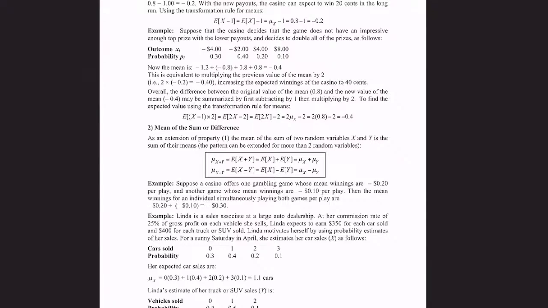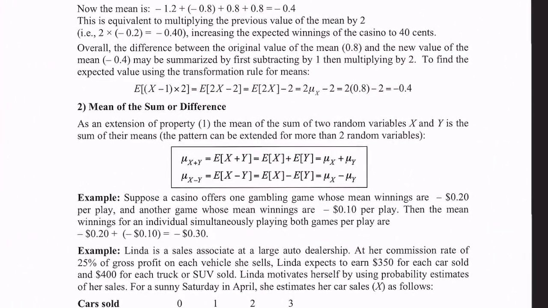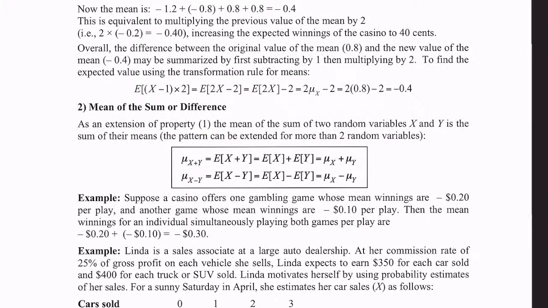Another thing about means is if you have two variables, and this is very important, this is what makes the rules of means and variances very useful. What if you have two variables that you know something about, and you combine them into a new distribution?